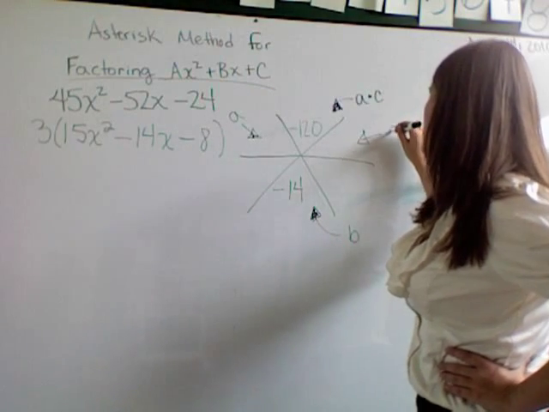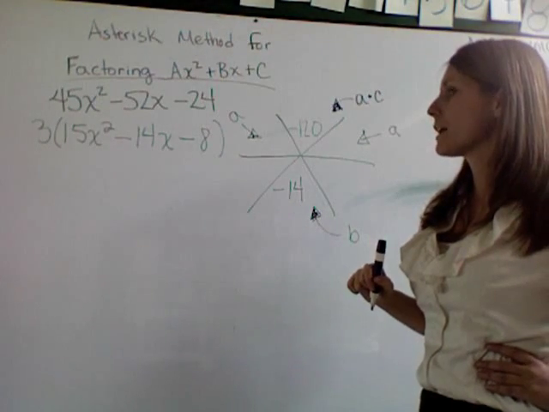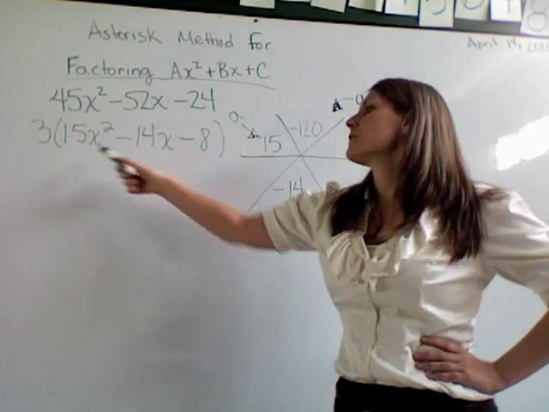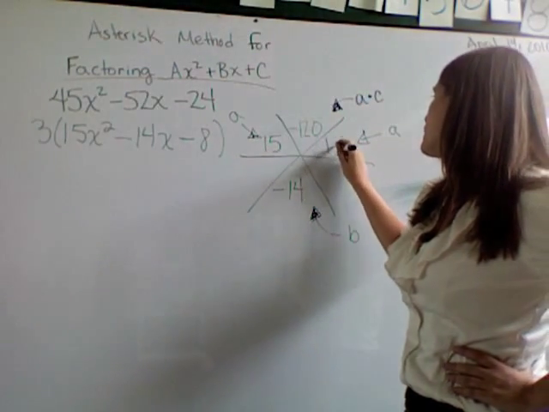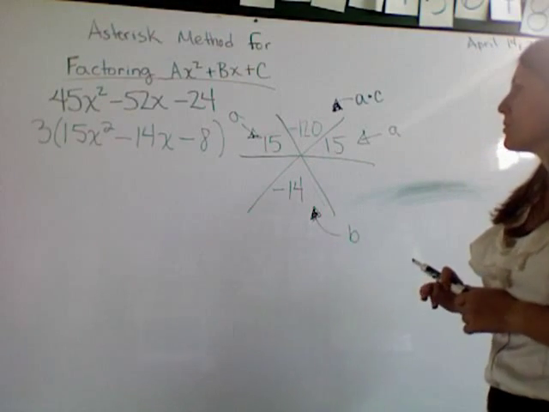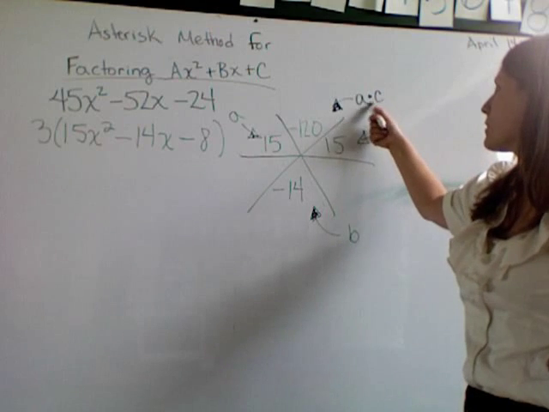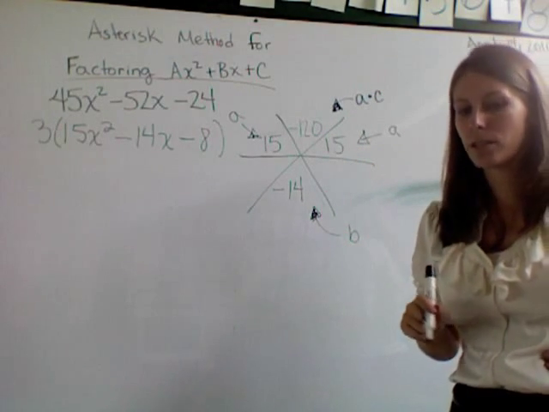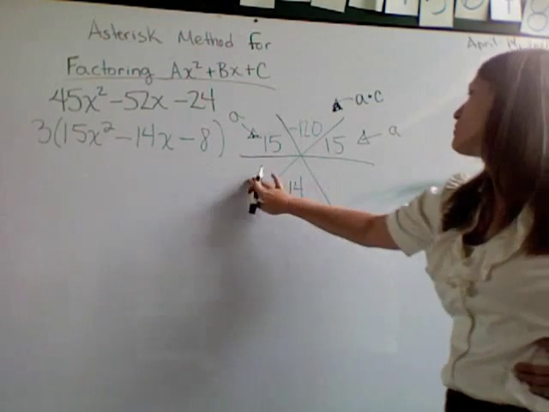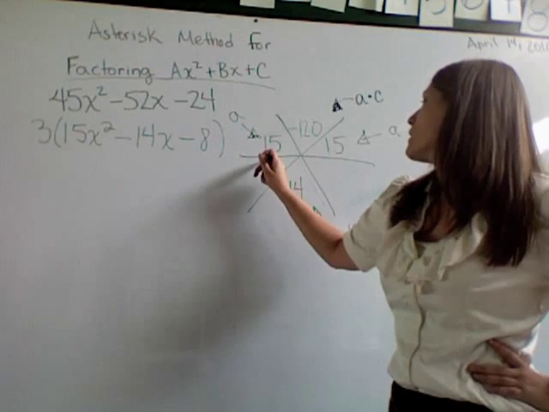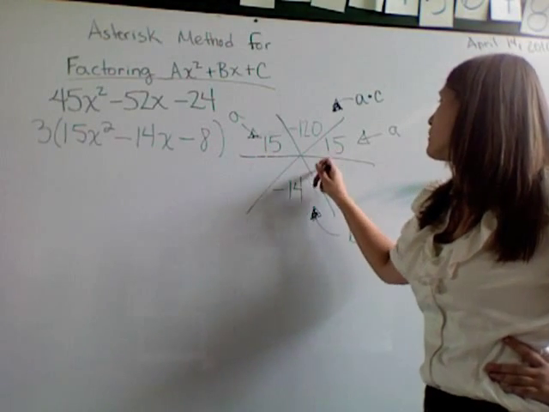In each of those blanks, we're going to put A. A is 15, so 15 is here and goes here. Now we haven't done too much math so far, we did a little bit of multiplying here, otherwise we've just copied A and B into our asterisk. Now we have 2 blanks left, and here's where the thinking comes in. You need to figure out what goes here and what goes here.